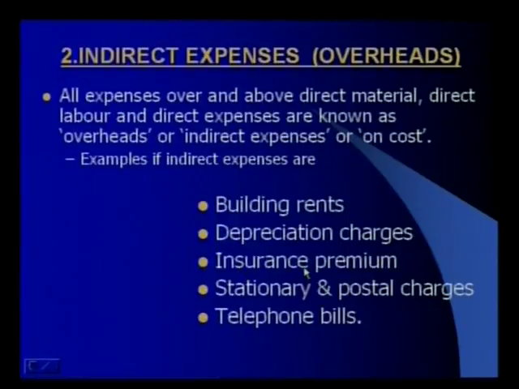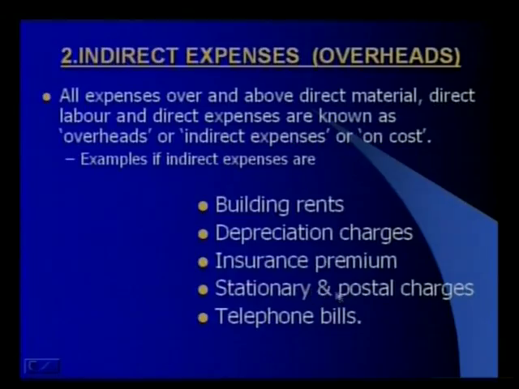Insurance may be done on the buildings as well as the machinery. Those expenses come under indirect expenses. Next, stationery, postal and telegraphic bills incurred by that industrial organization also come under indirect expenses.